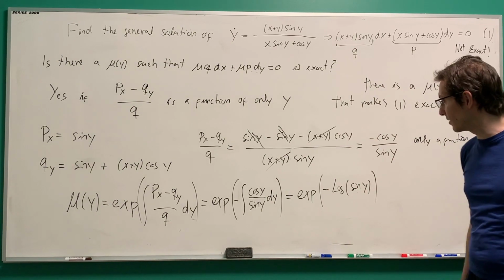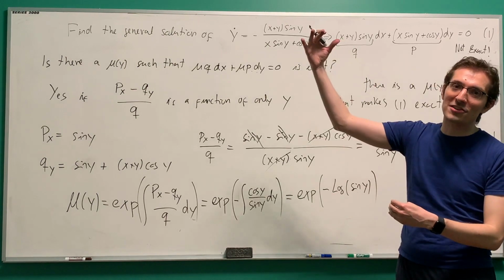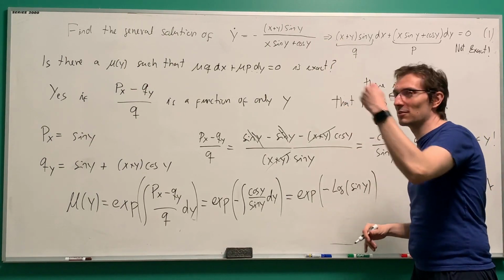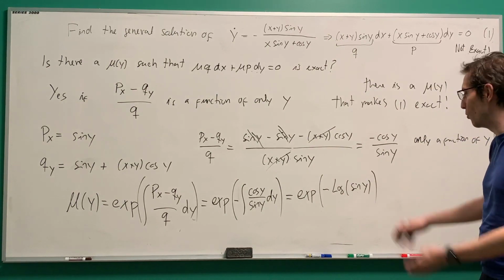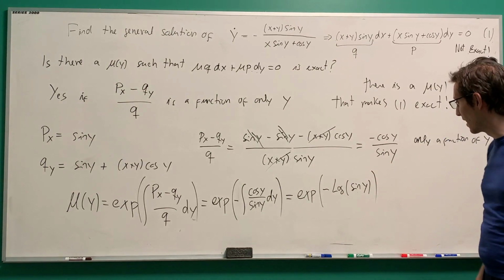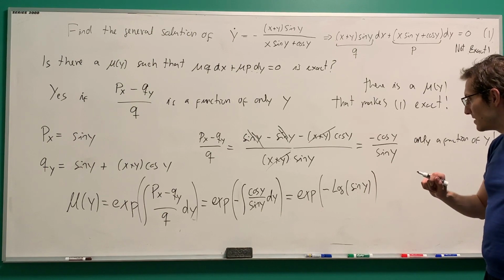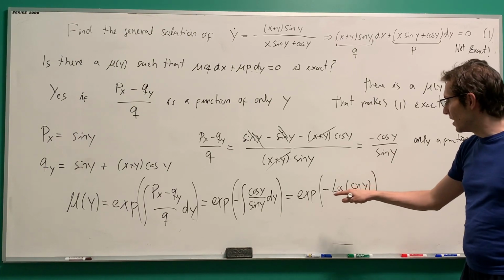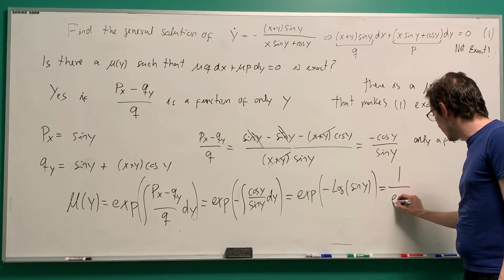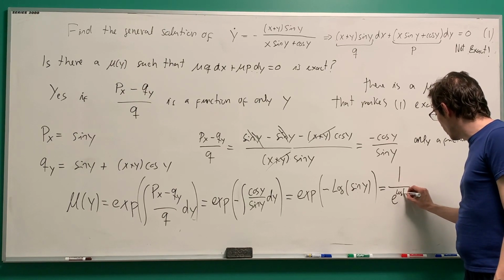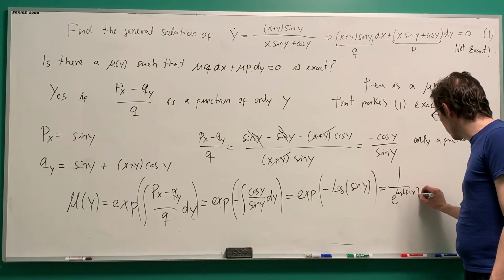We want one integrating factor, and we can use one branch for positives and one branch for negatives, so it's fine. We can actually not write it here, there's no problem. If you want, you can write it, it doesn't change anything. The nice thing about it is that the exponential cancels the log. Let me write this as 1 over e to the log of sine y.